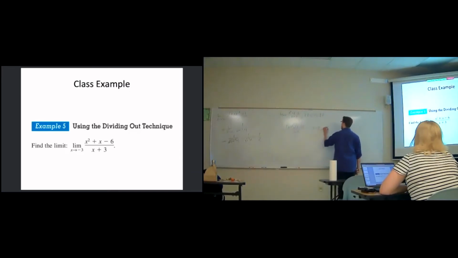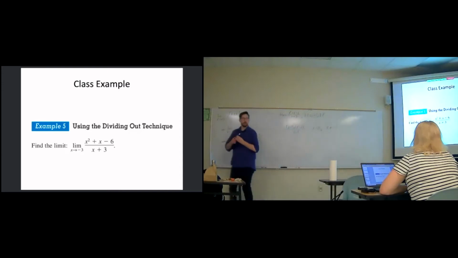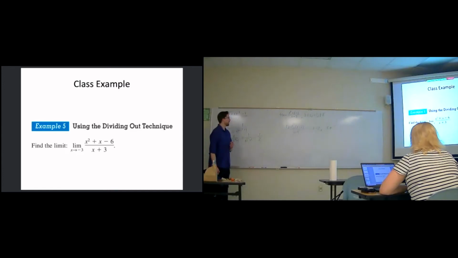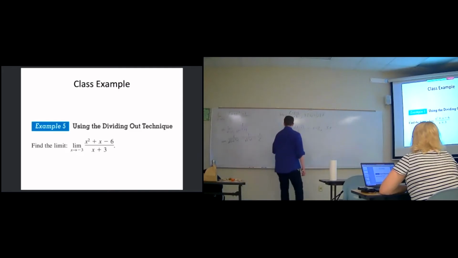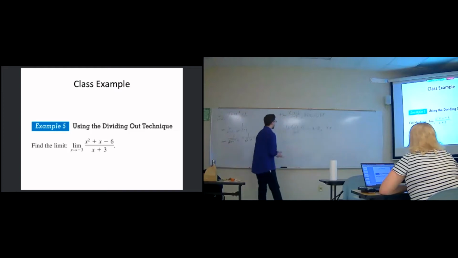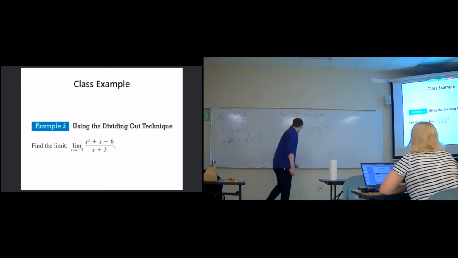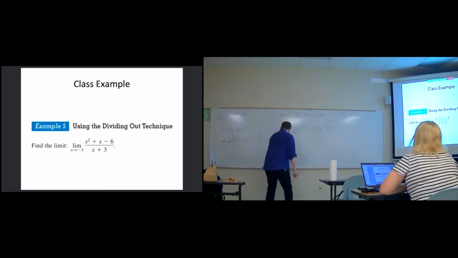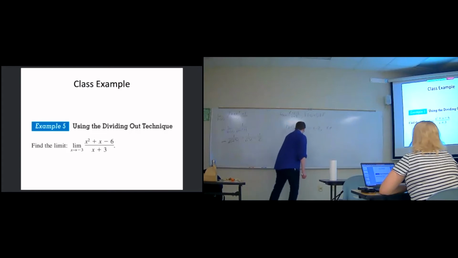So what we've got now is a g of x equal to x minus 2. And what all of this tells us is that f of x is equal to g of x whenever x is not equal to -3.